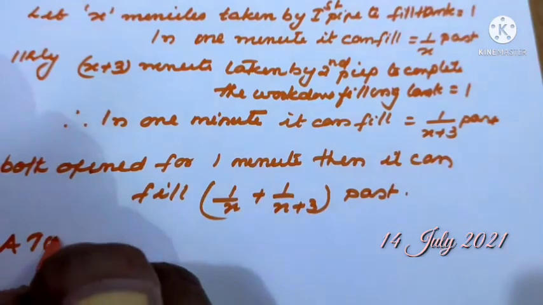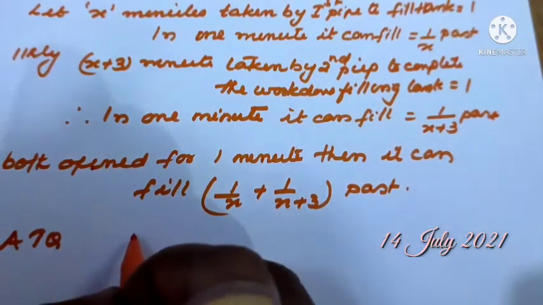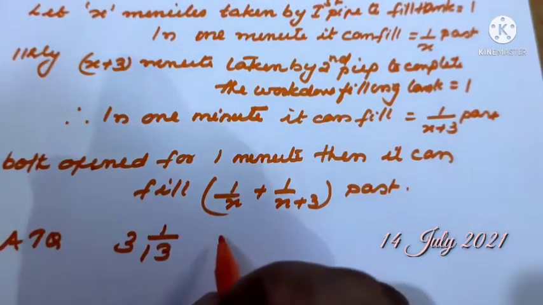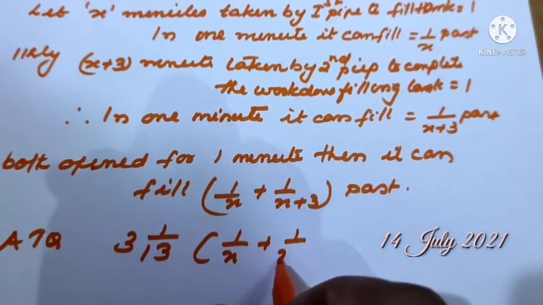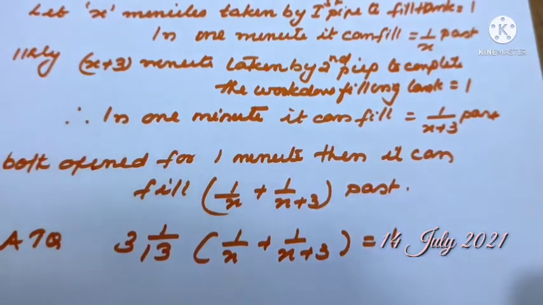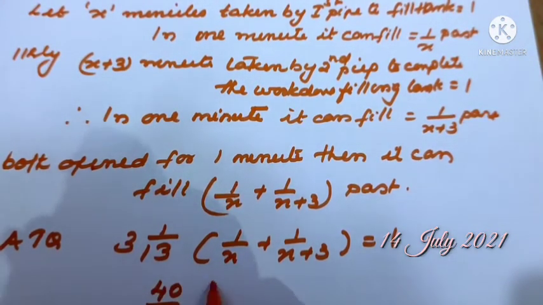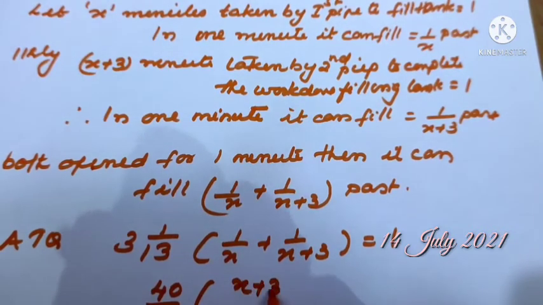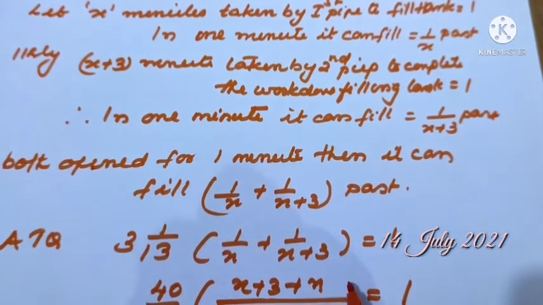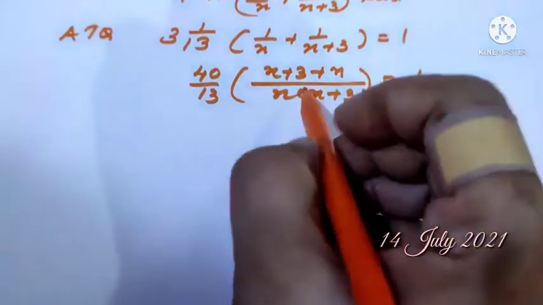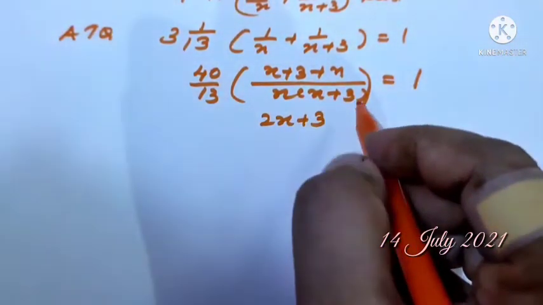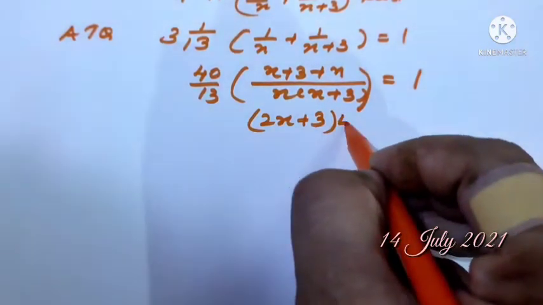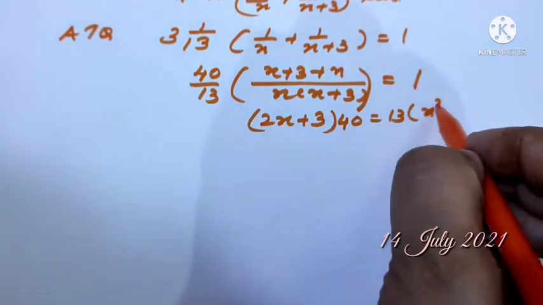According to the question, I am not writing the sentence, we already know that 3 integer 1 by 13 minutes into 1 by x plus 1 by x plus 3 equal to complete work done. So what is 3 integer 1 by 13? It is 40 by 13. I take the LCM here, x plus 3 plus x by x into x plus 3 equal to 1. So 2x plus 3 into 40, I will keep here 13 into x square plus 3x.